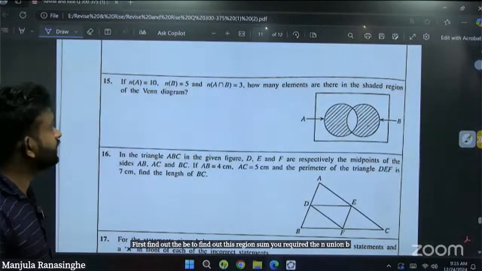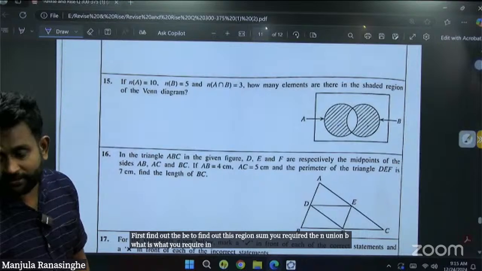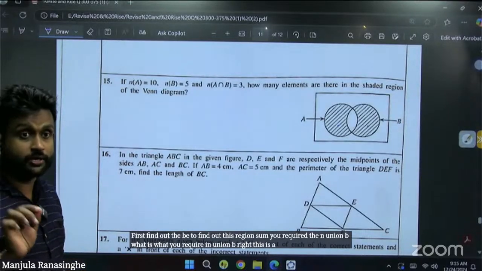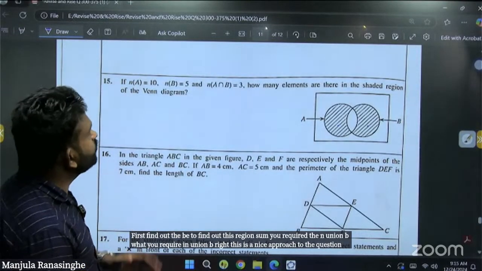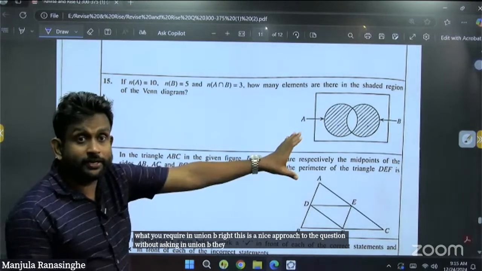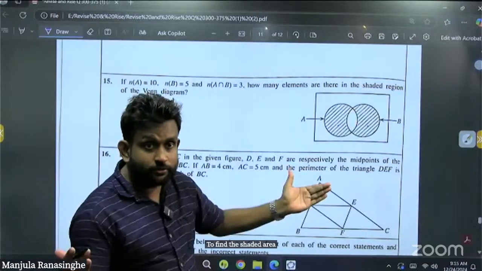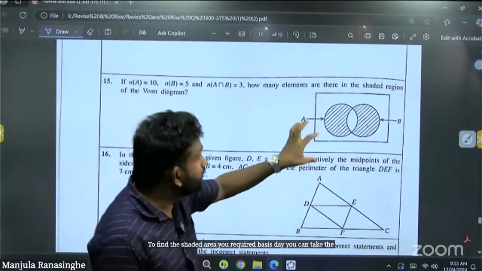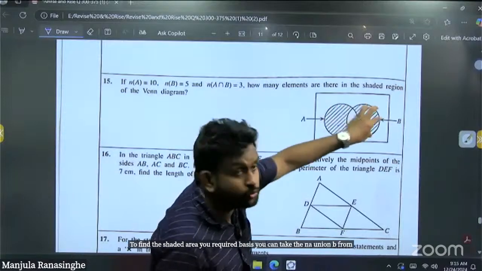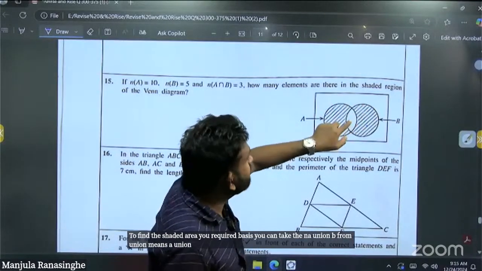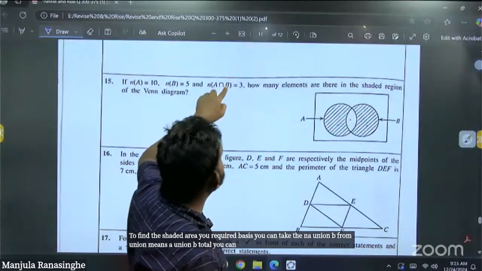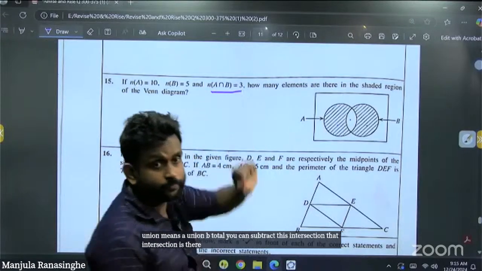This is a nice approach to the question: without asking for n(A union B), they are asking for this shaded area. To find the shaded area, you can take n(A union B), the total of A union B, and subtract this intersection. That intersection is given in the question.